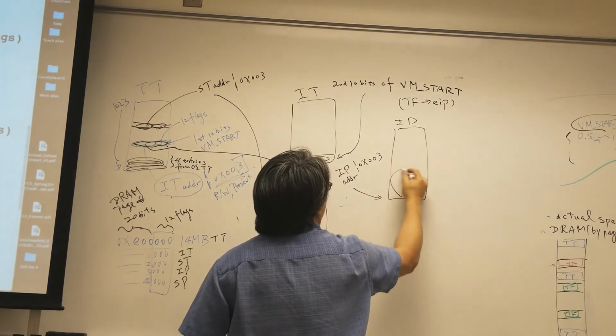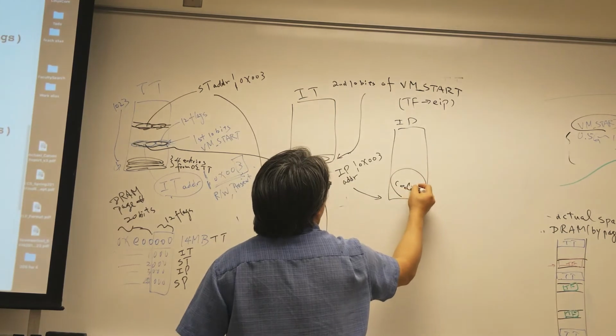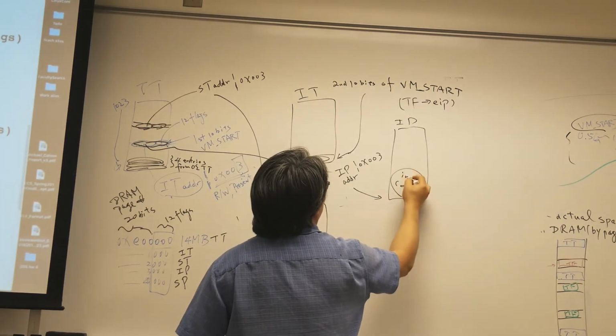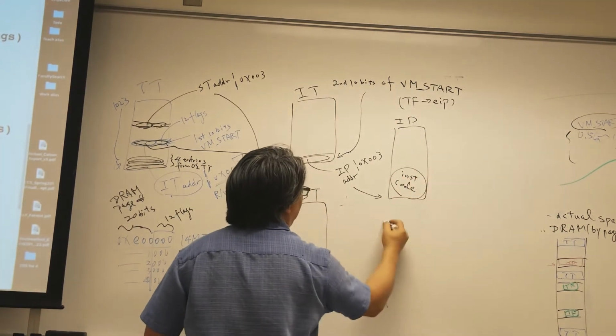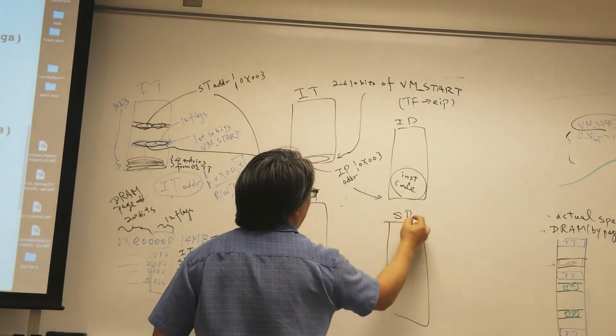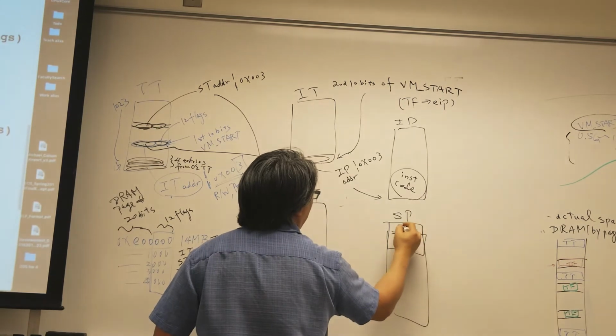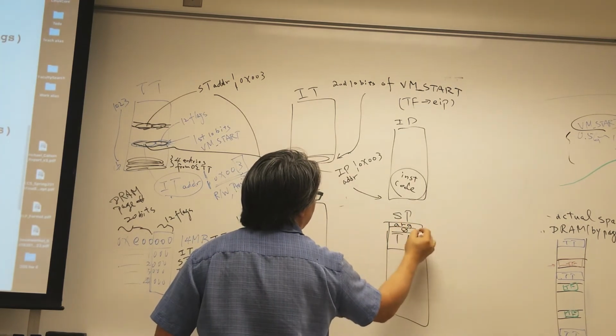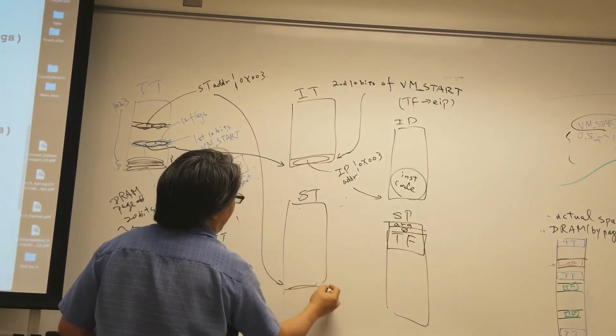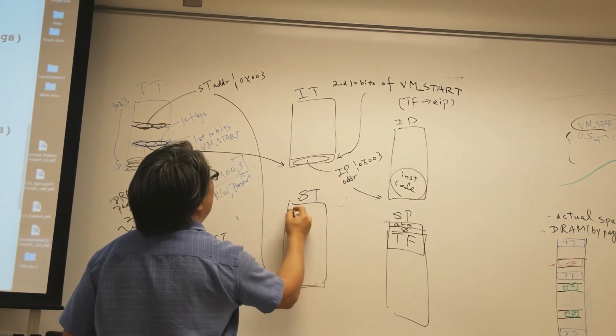Instruction page is where we copy the code, the instruction code. And then the stack page, we had a traffic build here, and this is the argument. So this is going to have it in the last entry.